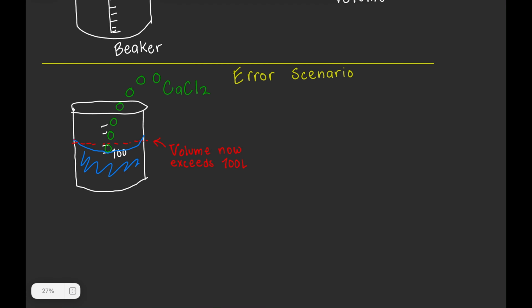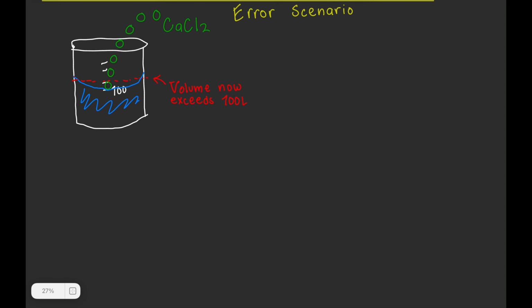So now we're going to talk about the correct way to do this. So we've got our error scenario. We'll come down here and we'll write the correct three-step process. So let's draw our graduated cylinder again.